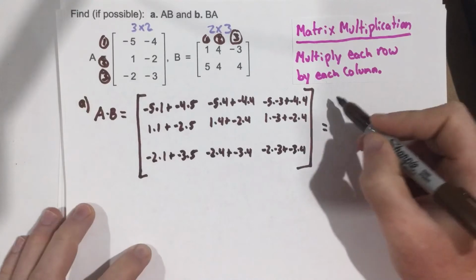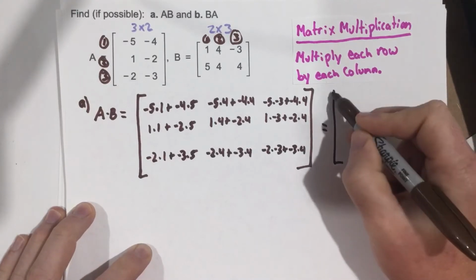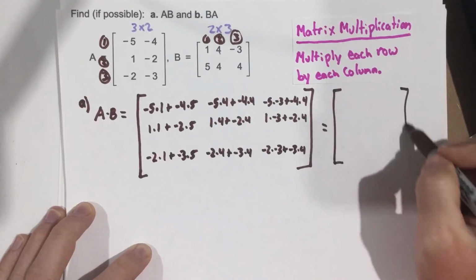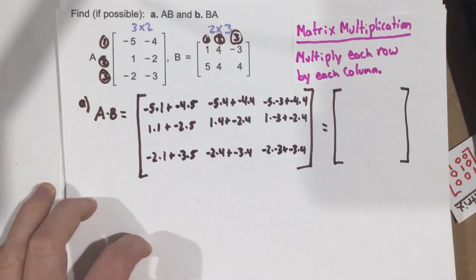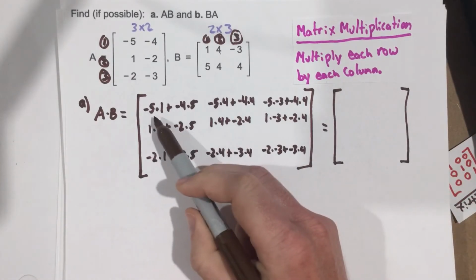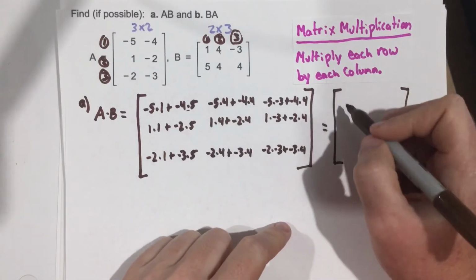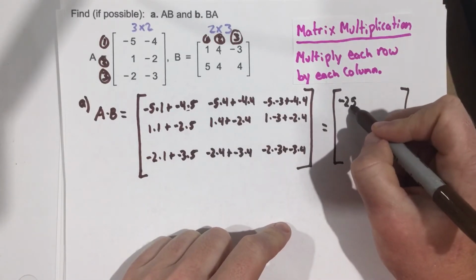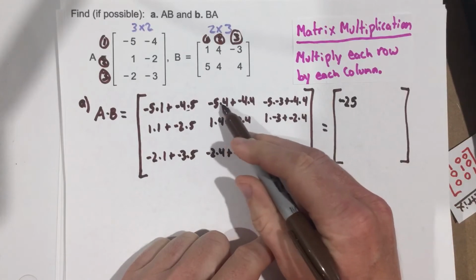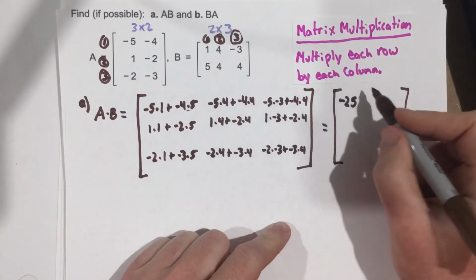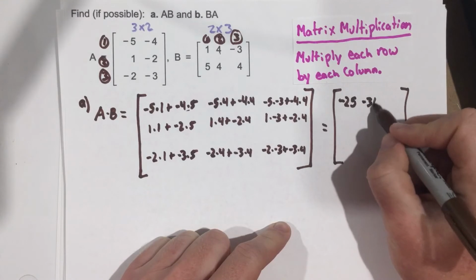All right, that's quite a few multiplications, but now we should end up with a 3 by 3 matrix that we can simplify here. Negative 5, and that's negative 20, so that's negative 25. For the first element, this is negative 20 and negative 16, so that's negative 36.